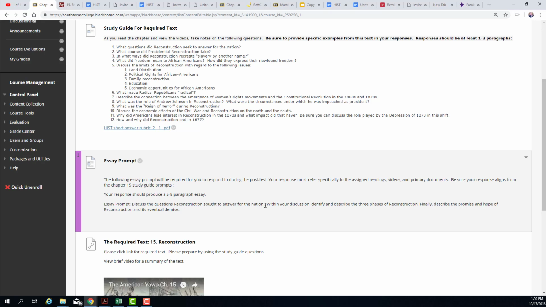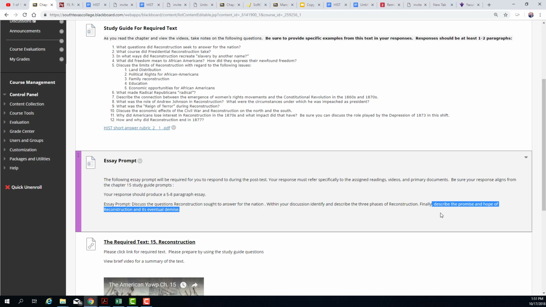Roman numeral 2 is right there, right? Discuss within your discussion, identify, basically I would just write the 3 phases of Reconstruction and put some notes under there. And then finally, describe the promise and hope of Reconstruction and its eventual demise, right? So that would be Roman numeral 3, and underneath that, your summary to respond to that with specific examples.